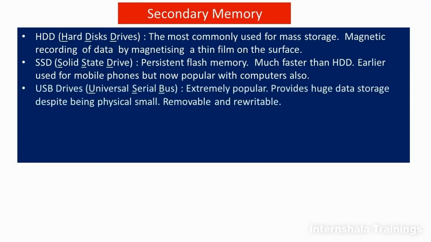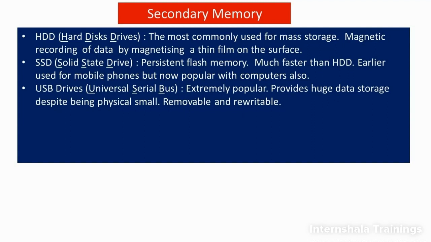Then comes the turn of USB drives. USB is an acronym for Universal Serial Bus. I think USB drives are the most common drives used for permanent storage. It is used for writing data, and whenever you want to remove the data or overwrite the data, you can do it very conveniently.